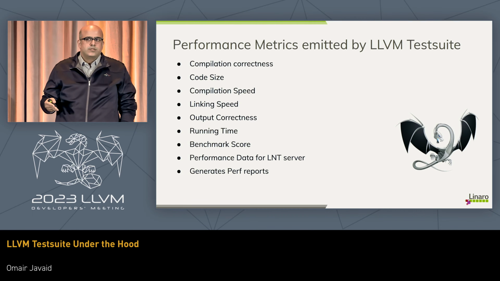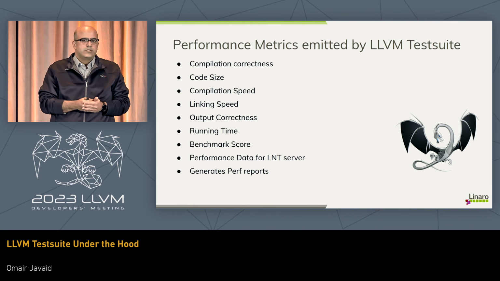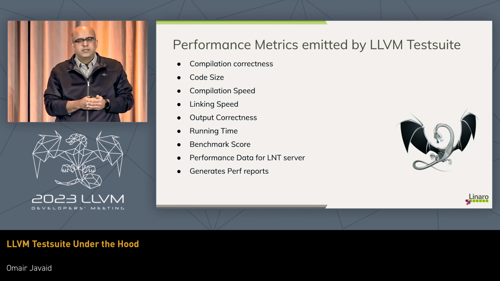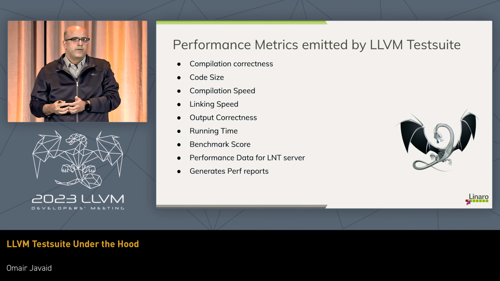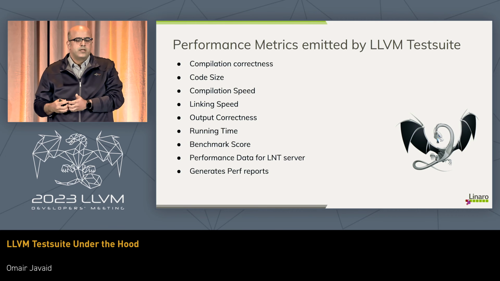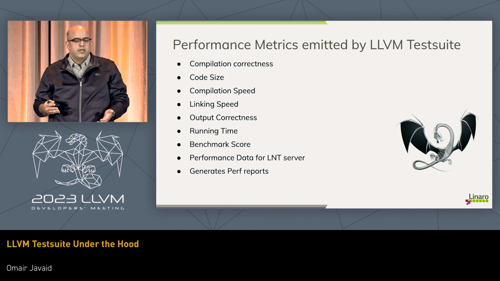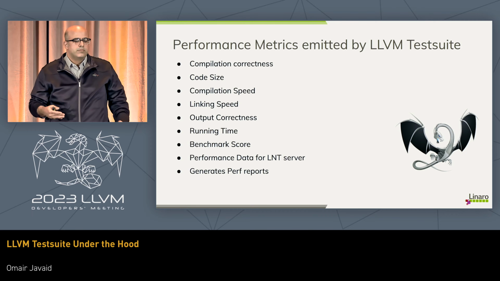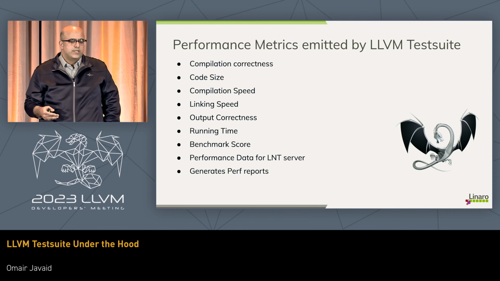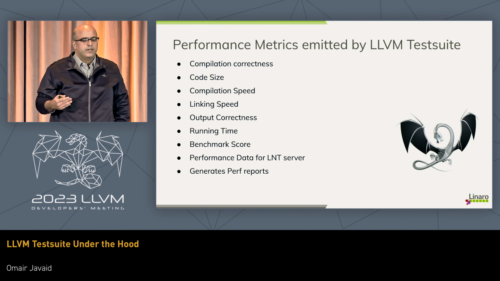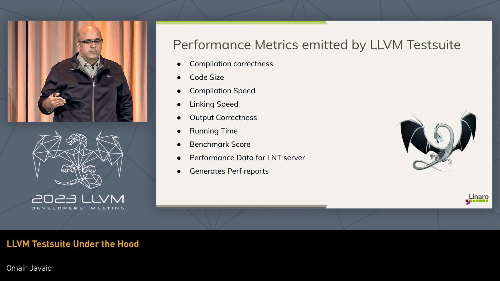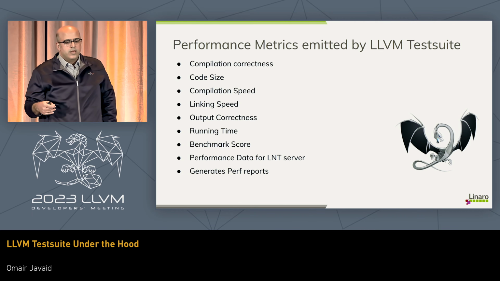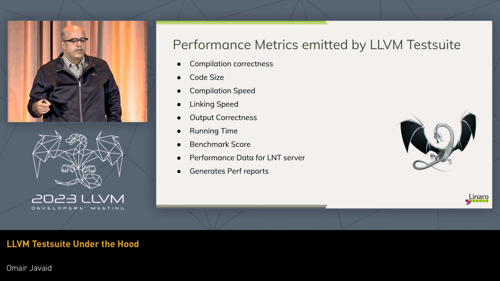Then output correctness. The LLVM project tests do a good job at checking the output correctness. But in the real-world program scenario, we do that exclusively in the LLVM Test Suite. So we test the reference output against the output generated after the tests are built with Clang or any other LLVM tool.